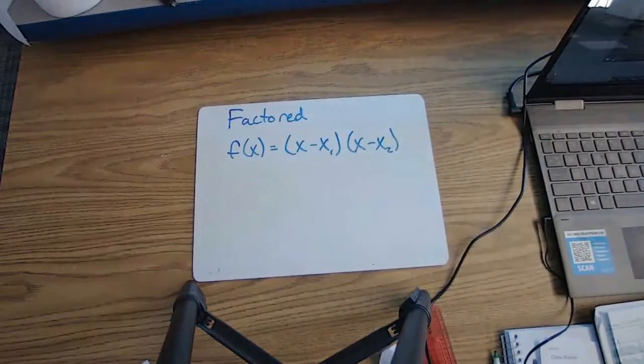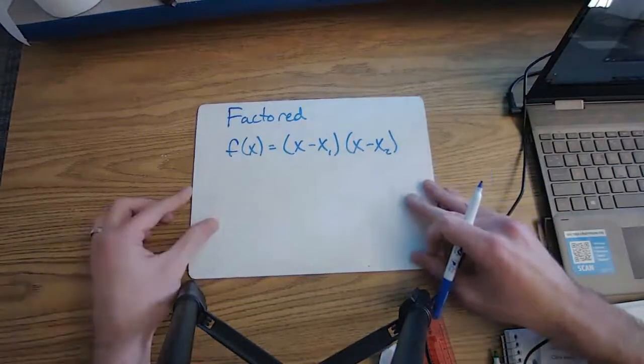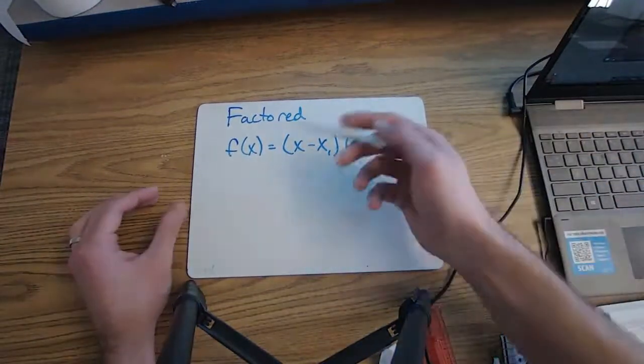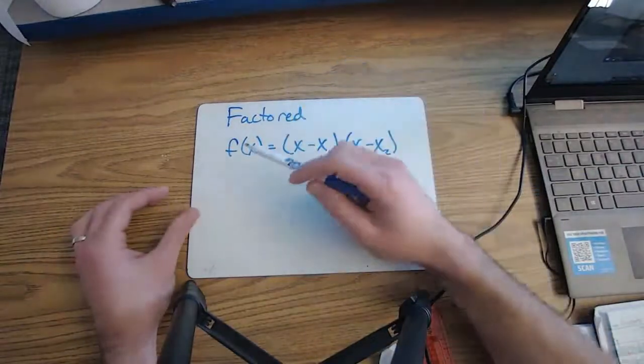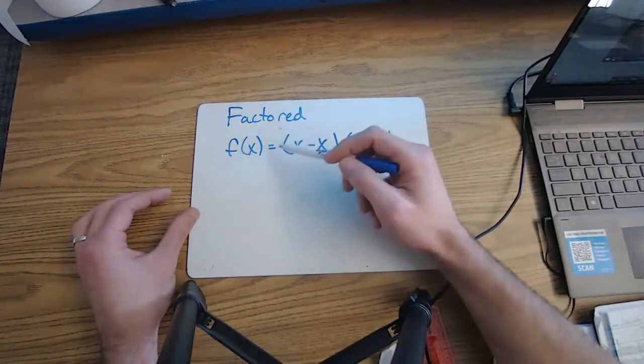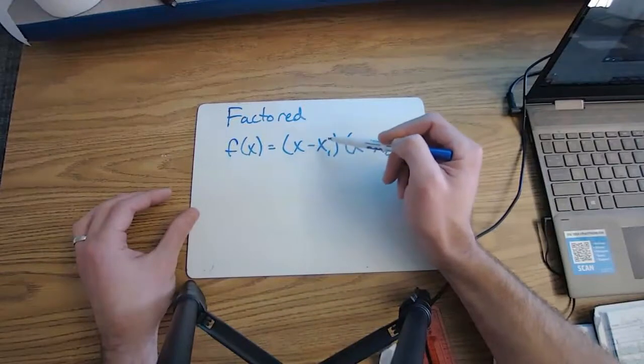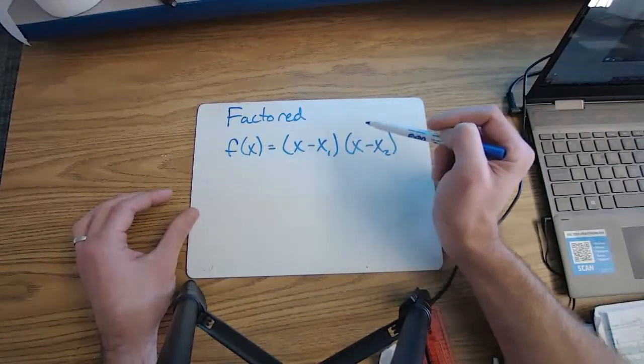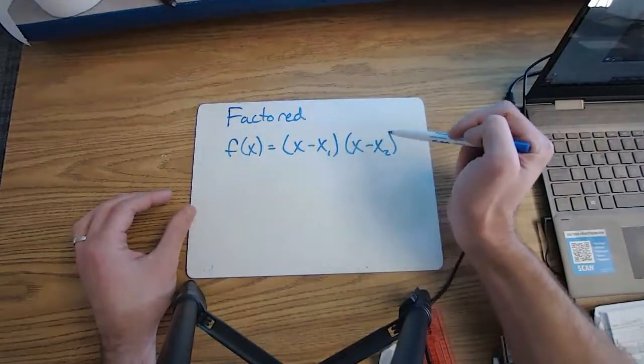All right, this is our final one before we get back to our parabola from the beginning. Okay, here we have our factored form. f of x equals the quantity x minus x1 times the quantity x minus x2.